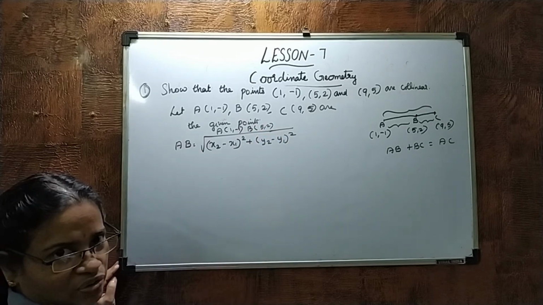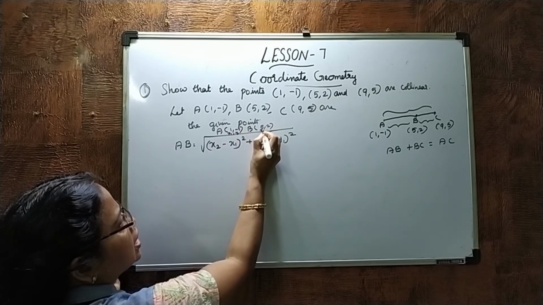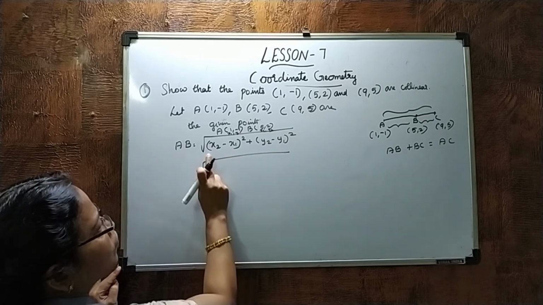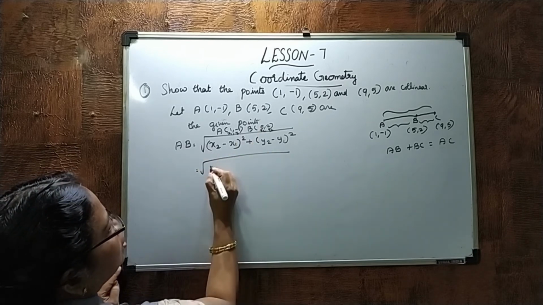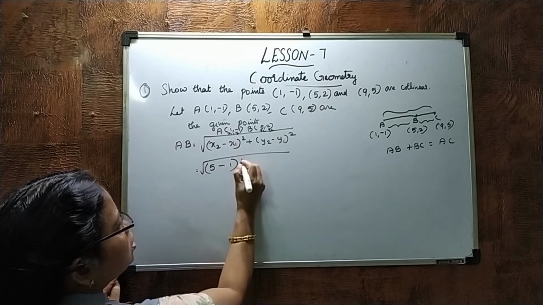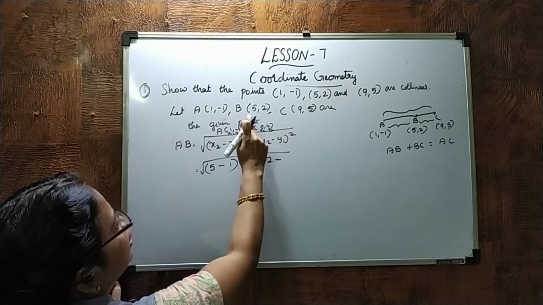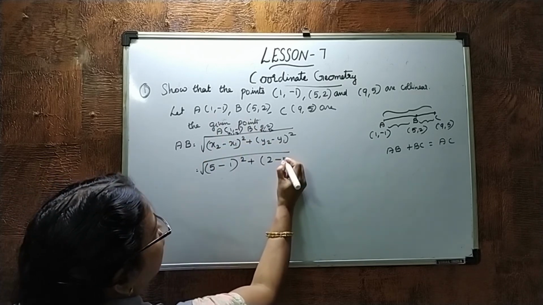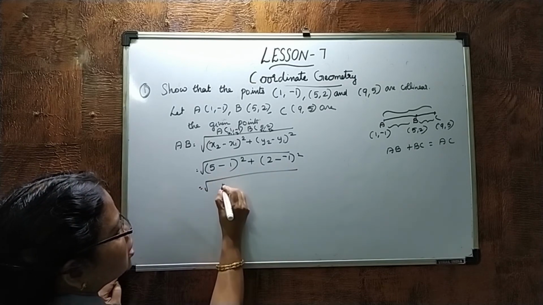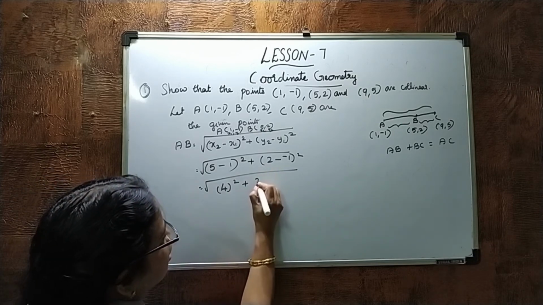If you want, you can also write x1, y1 with your pencil, and here x2, y2. Now substitute: AB equals root of (5 minus 1) the whole square plus (2 minus -1) the whole square, which is root of 4 square plus 3 square.